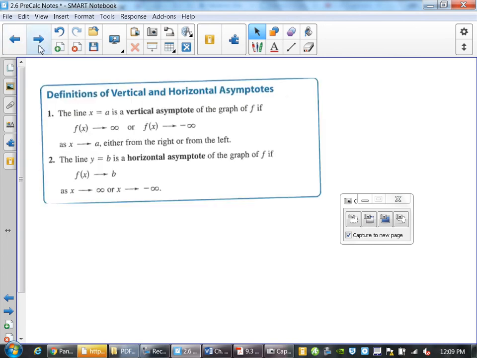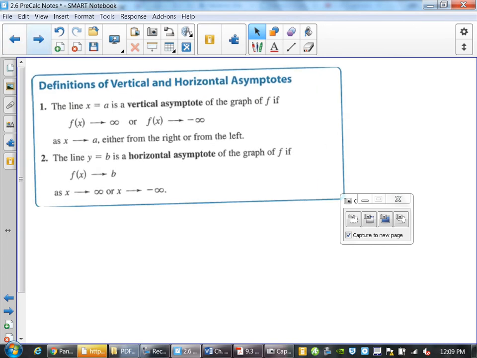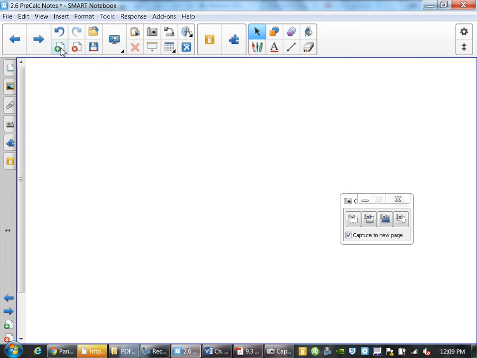So they go through the whole idea of vertical asymptotes as talking about in terms of infinity. And what happens here is this. If you look at the graph of 1 over x, if we look at the graph f of x, what can't x be? 0.